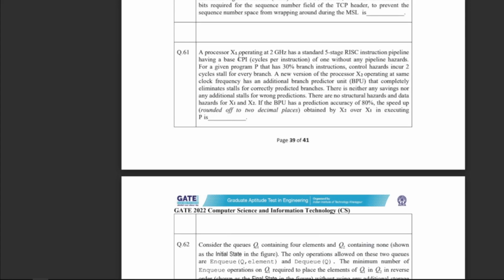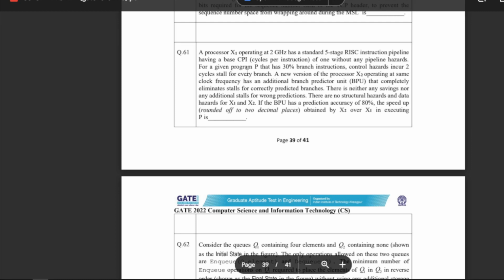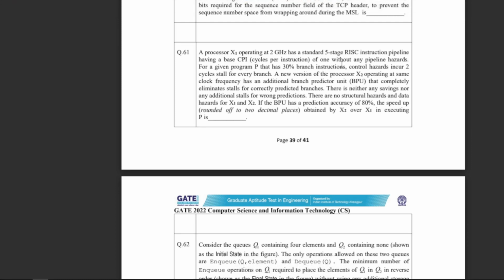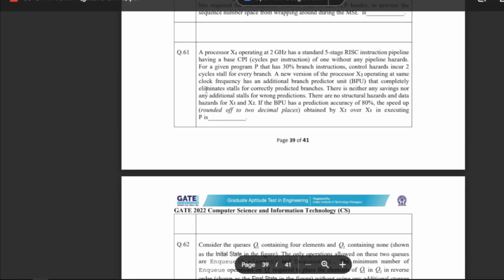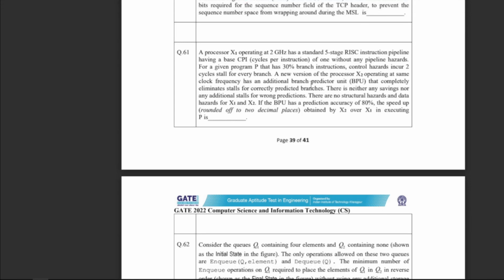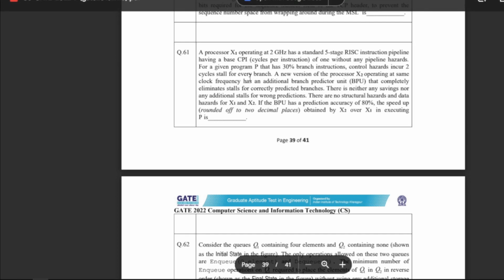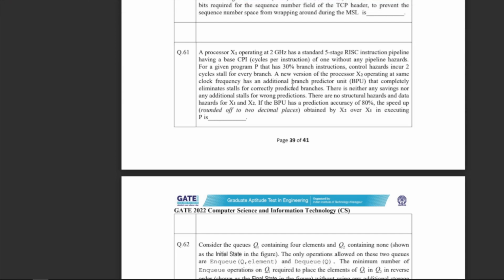And similarly, a processor X1 operating at 2 GHz has a standard 5-stage RISC instruction pipeline with a base CPI of 1 without any pipeline hazards. For a given program P that has 30% branches, an instruction control hazard occurs with a 2 cycle stall for every branch. A new version of the processor X2, operating at the same clock frequency, has an additional branch predictor unit BPU that completely eliminates the stall for correctly predicted branches.